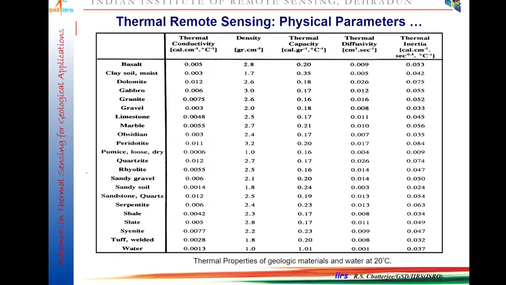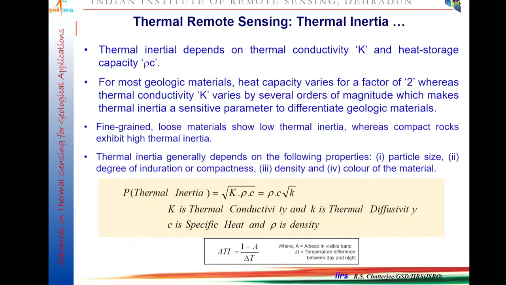And then what is thermal inertia? That we need to understand. Thermal inertia is similar to moment of inertia. So how far it resists with the supply of heat energy. If you supply some heat energy to a particular terrestrial body, some rock materials, then how far it resists changing the temperature.